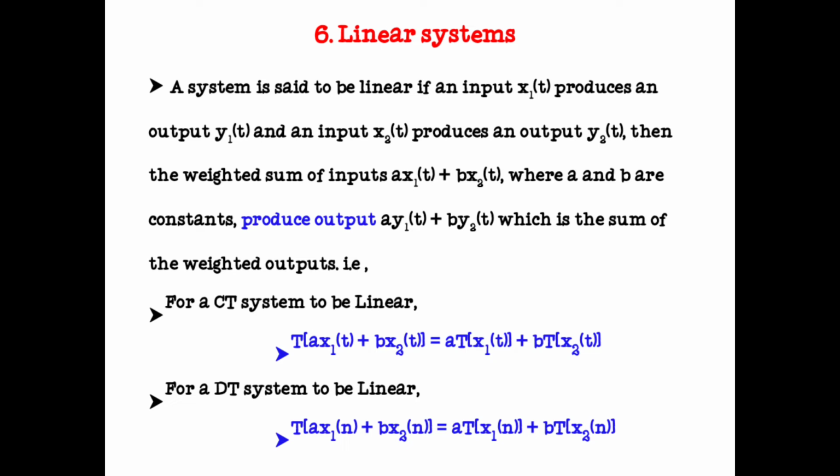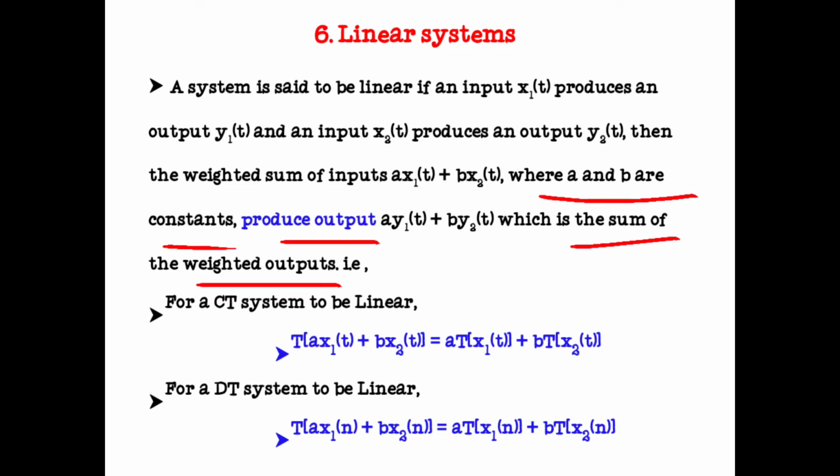So combining them I have written here, a system is said to be linear. We can say that a system in which an arbitrary input x1 of t produces an output y1 of t, and an input x2 of t produces output y2 of t, then the weighted sum of inputs a x1 of t plus b x2 of t, in which a and b are constants, produces output a y1 of t plus b y2 of t, which is the weighted sum of outputs.